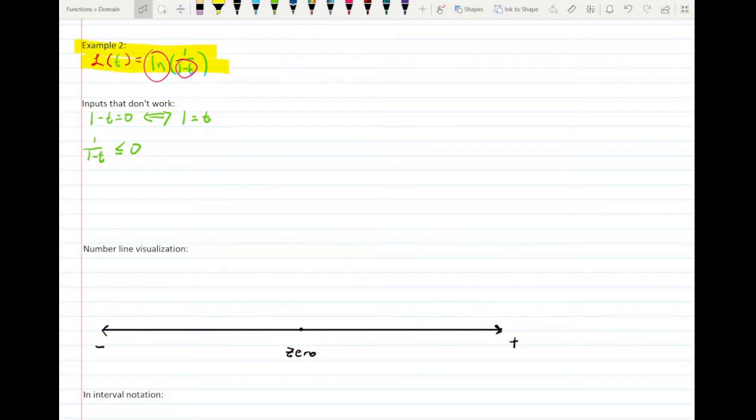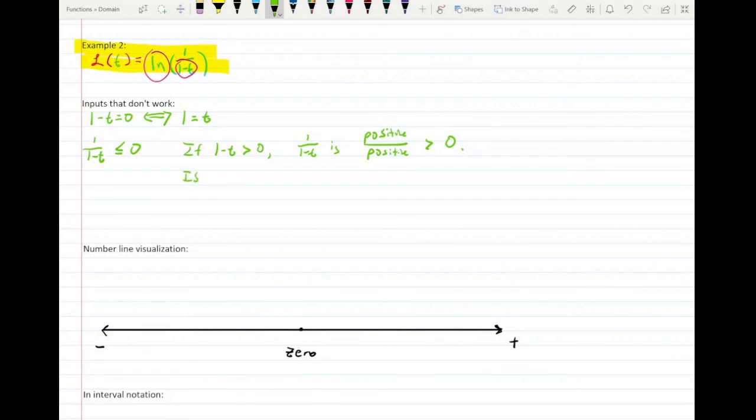So instead, what you want to notice here is that if 1 minus t is positive, we already established it can't be 0, so we don't have to worry about that. If it's positive, 1 over 1 minus t is a positive number over another positive number, and is thus also positive, or greater than 0.